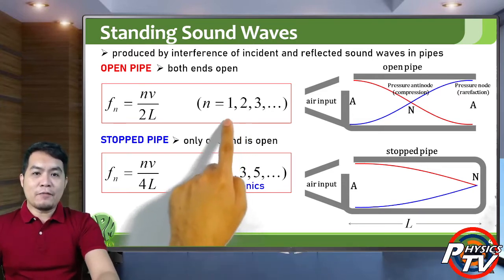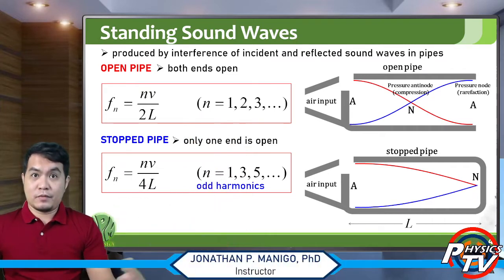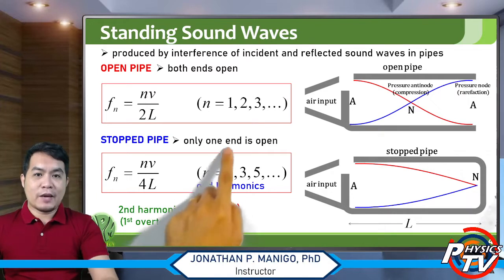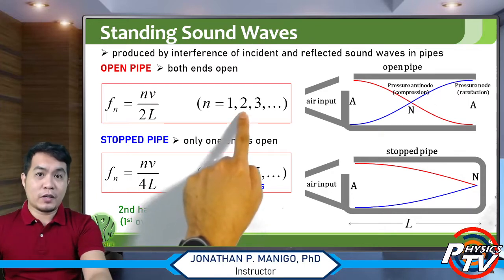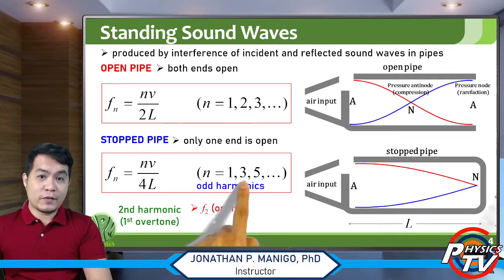The f1 for both open and stopped pipes is still the fundamental frequency. But the second harmonic, or the first overtone, for an open pipe is f2. For the stopped pipe, the second harmonic, or the first overtone, is f3.